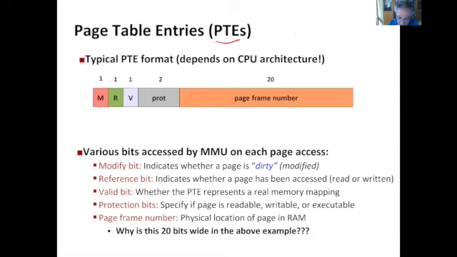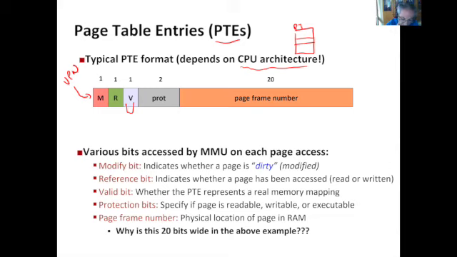So what is this page table entry? The page table entry is what we have in this page table. Each of them is a page table entry. This depends on the CPU architecture, but the most essential one is the valid bit. Remember, the page table is indexed with the VPN, so for each virtual page there's a corresponding page table entry.